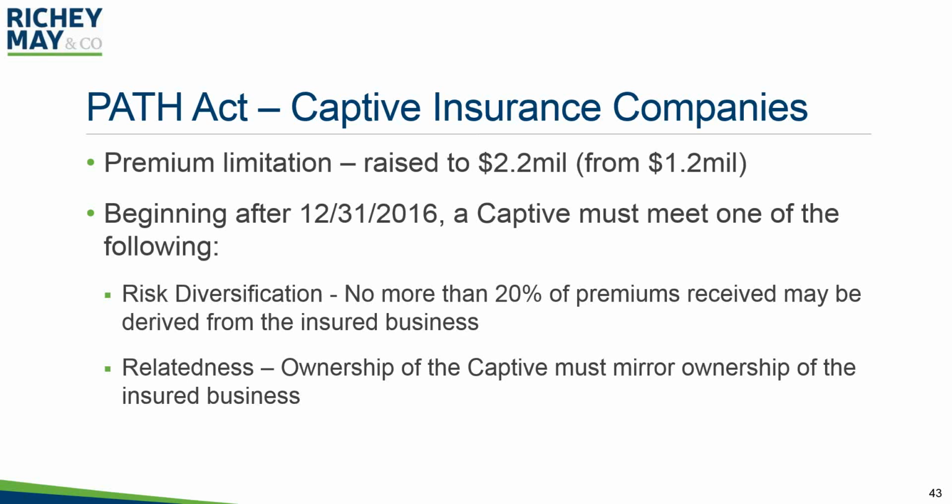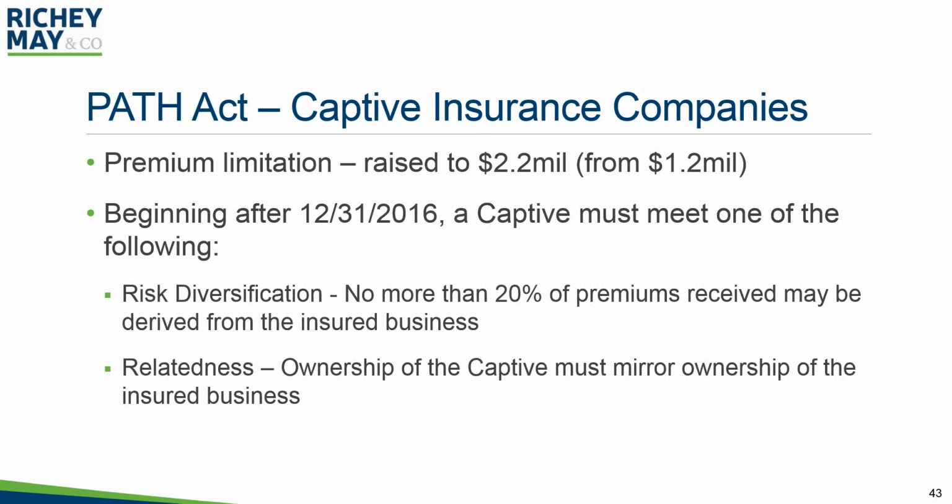So with the increased benefit, there are also some new stipulations. They're going to be relatively hard to meet, and certainly not the appetite that a lot of people had when they set these up. The risk diversification is going to have to be much more diverse.